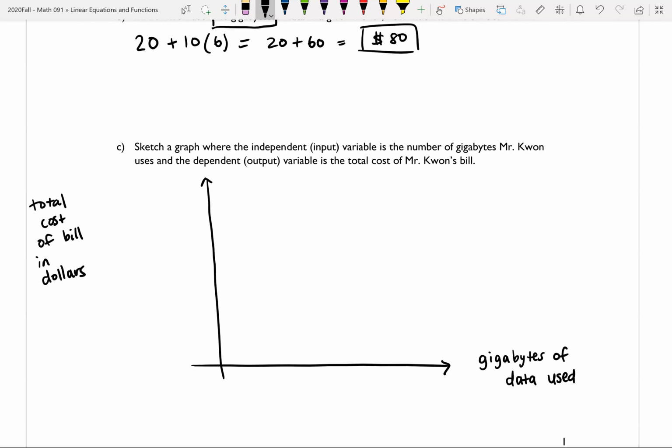I'm going to increment these by 10 units or $10 on the vertical axis. And I'm going to increment these by 1 gigabyte.